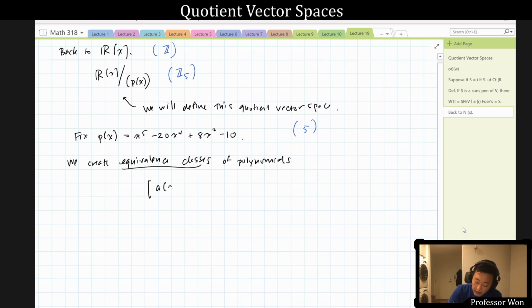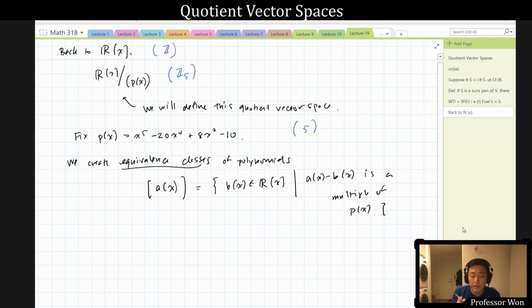They'll look like this. You take any polynomial a and you look at its equivalence class, and this will consist of all polynomials b such that a(x) minus b(x) is a multiple of p(x).